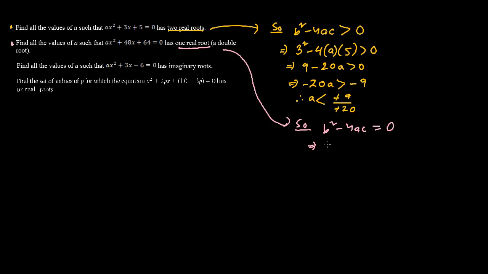That means 48 squared minus 4, a is the unknown value a, and c is 64 equals to 0. So we can solve it like, let's keep it 48 squared and we can send this to the other side. So it would be 4 into 64 is 256a. Therefore a equals to 48 squared divided by 256.